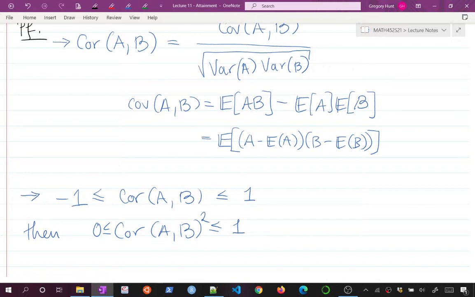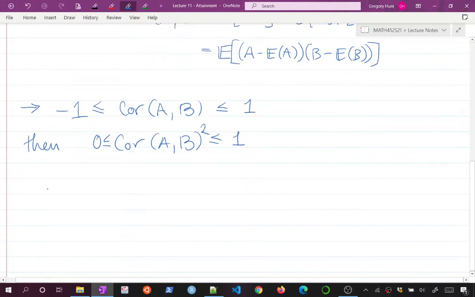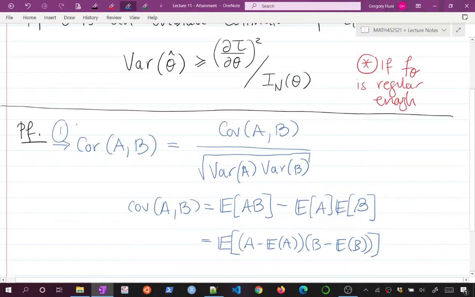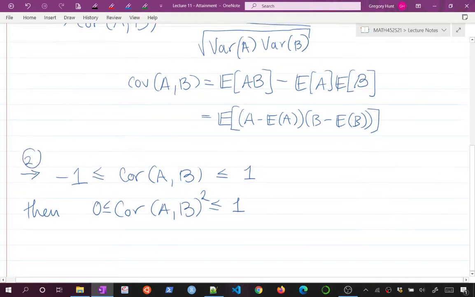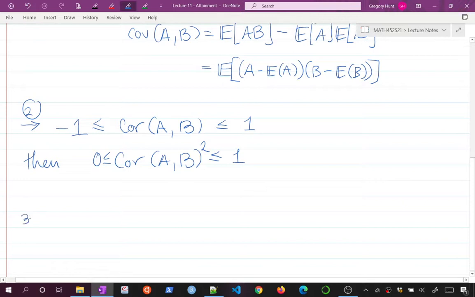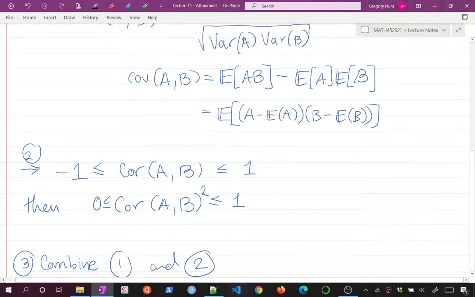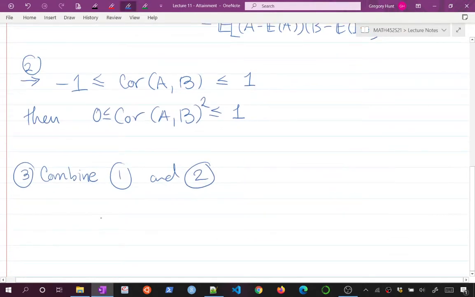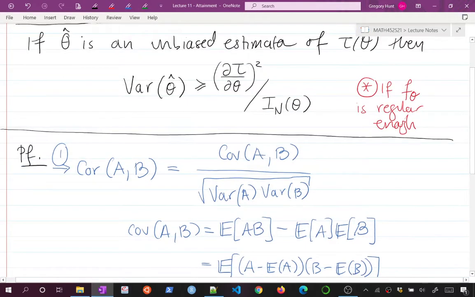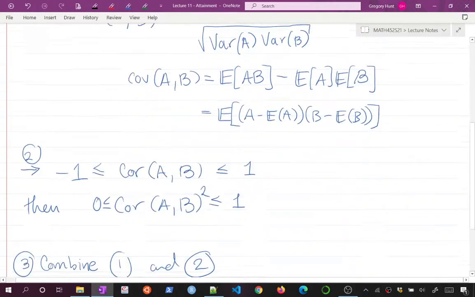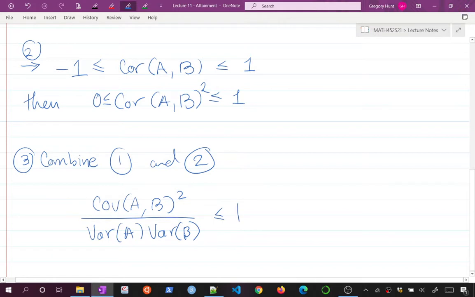And notice that if I rearrange, let's call this fact 1 and this fact 2, I can combine facts 1 and 2, and I get the fact that the covariance between A and B squared divided by the variances, so just squaring this above formula right here, that is a correlation squared, and that thing is less than or equal to 1.